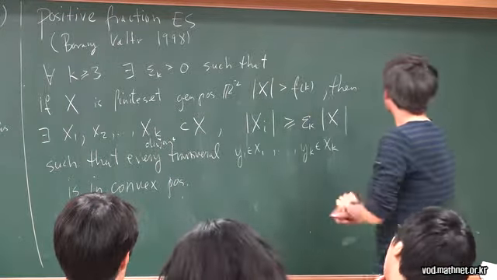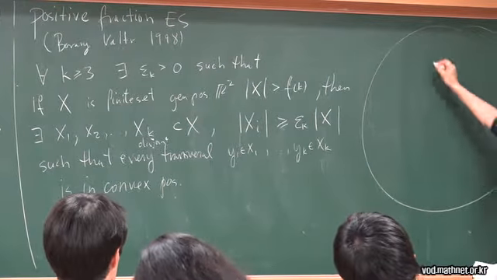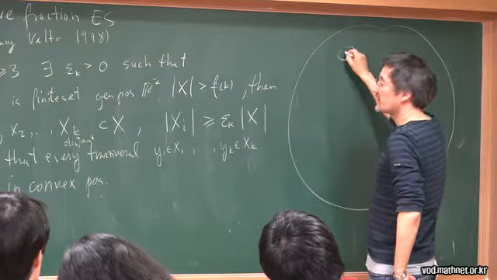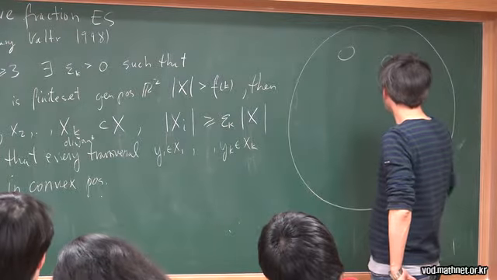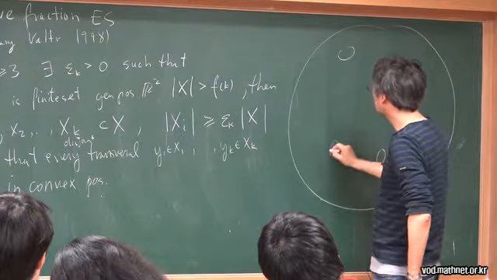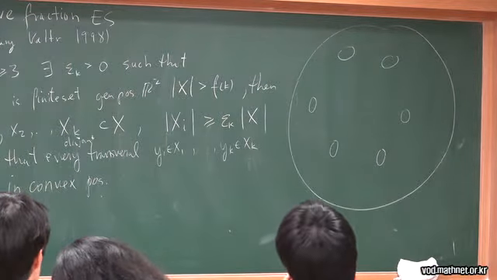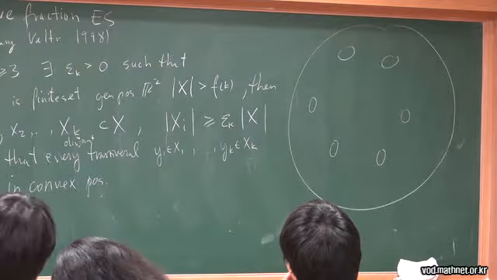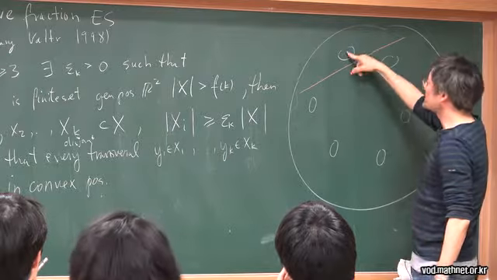Okay, so what does it mean? It means here is my big point set. That's everything. Inside here, I can find a little cluster of points here. That's x1, x2, x3, x4, and so on. And the fact that every transversal is in convex position means that for each of these, I can find a line that separates this from the other guys.